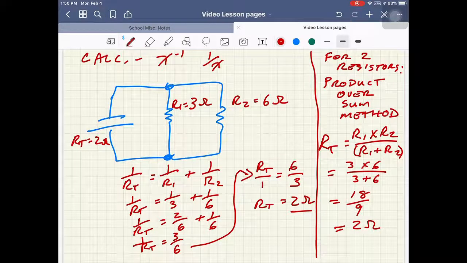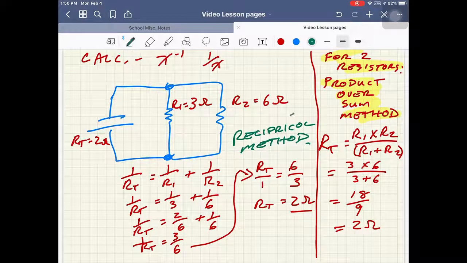So that is another method you can do when you have just 2 resistors using the product over sum method, as opposed to what you'll have over here is called the reciprocal method. And like I said, there's a pretty good chapter in your textbook or page on your textbook that shows you how to plug in those values into your calculator. Very important that we practice some of those.